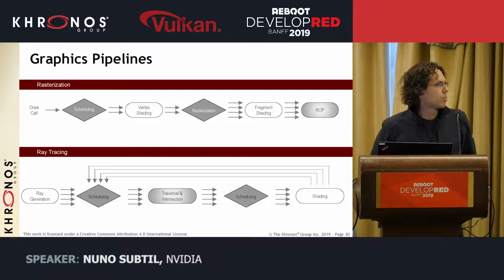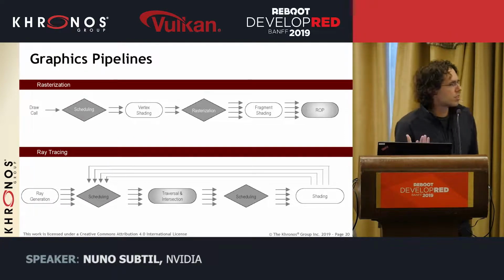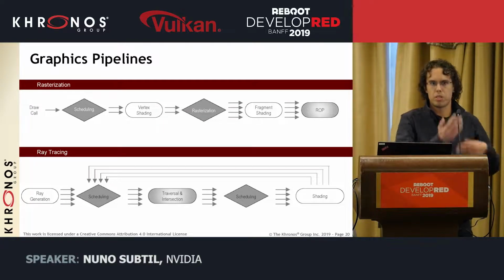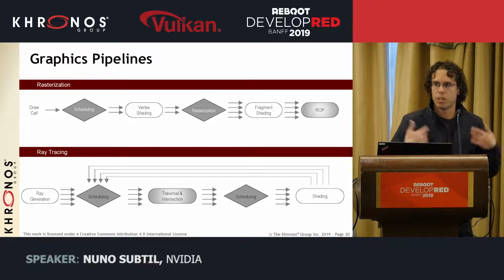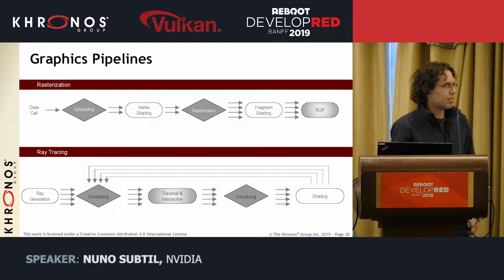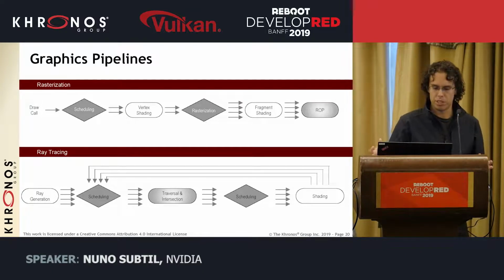For ray tracing, the pipeline looks significantly different. So we start with a programmable stage that does ray generation. This is essentially a shader that generates the rays that are going to be the initial rays shot into the scene. This goes into some fixed function scheduling block that takes a bunch of rays, maybe reorders them for coherency or whatever the implementation may require, and generates work for a semi-programmable stage that does traversal of the scene along with intersection of your rays with the scene primitives.